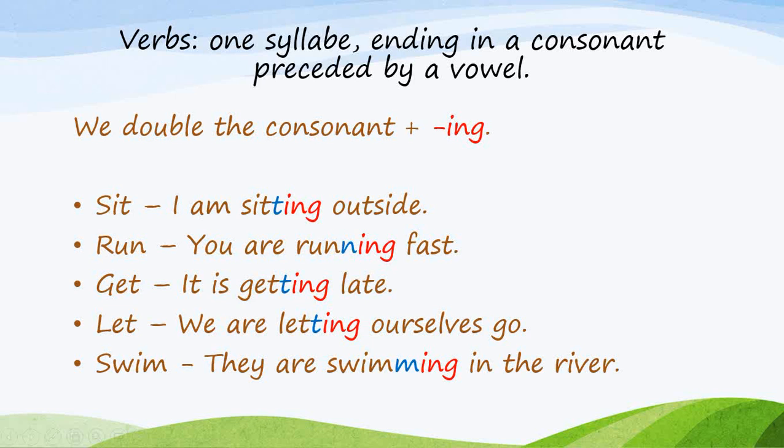As we can see, we doubled the last consonant, that is the letter T, and we add the ending ing. You are running fast. It is getting late. We are letting ourselves go. They are swimming in the river.